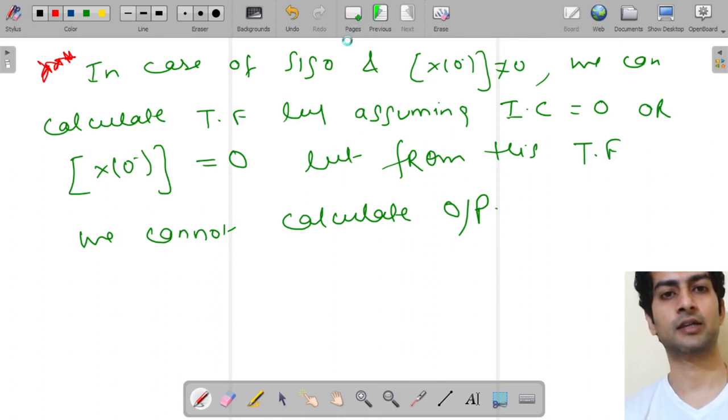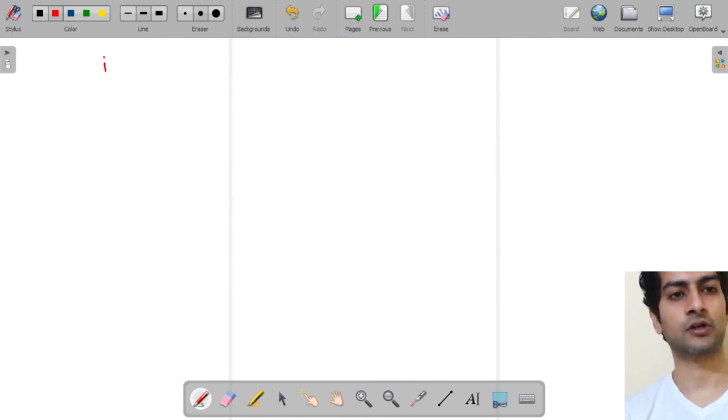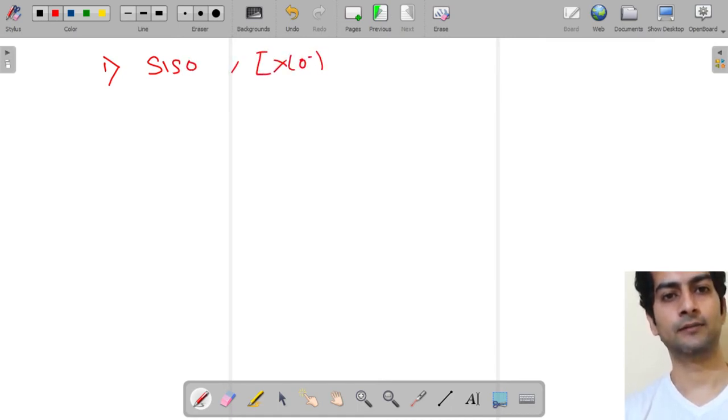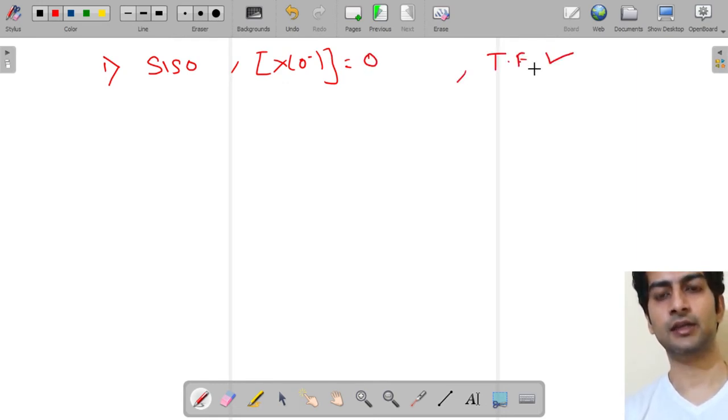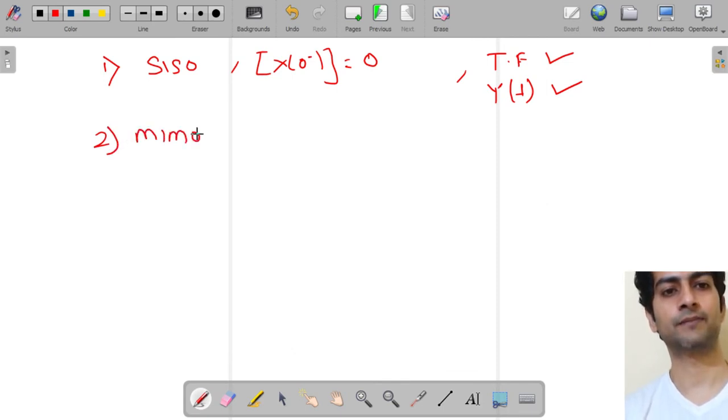So in a nutshell, what I have told you: first I took SISO with initial condition 0. There we got the transfer function easily, and from this transfer function we can get output also. Then we saw a MIMO system with initial condition 0.